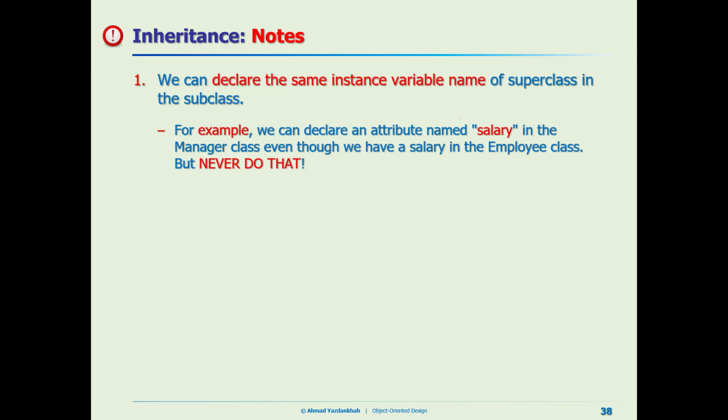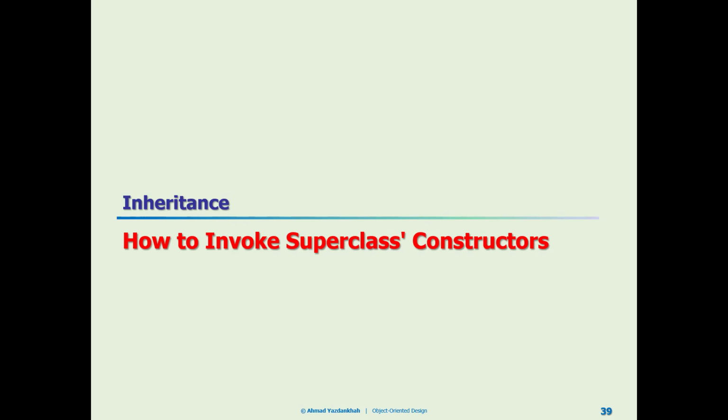Here I put an example. For example, the salary, we have the salary instance variable in the employee class. You can create another one for yourself in the manager, but never ever do that. That's not a good design. The other question is how to invoke superclass constructors.